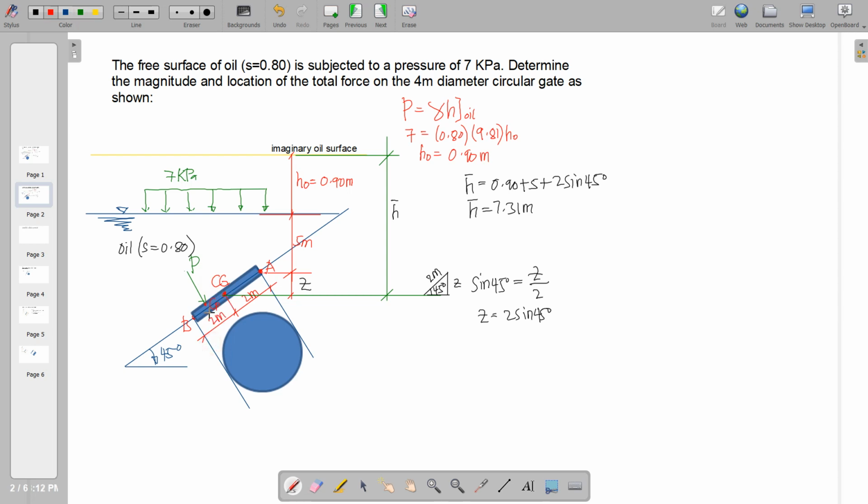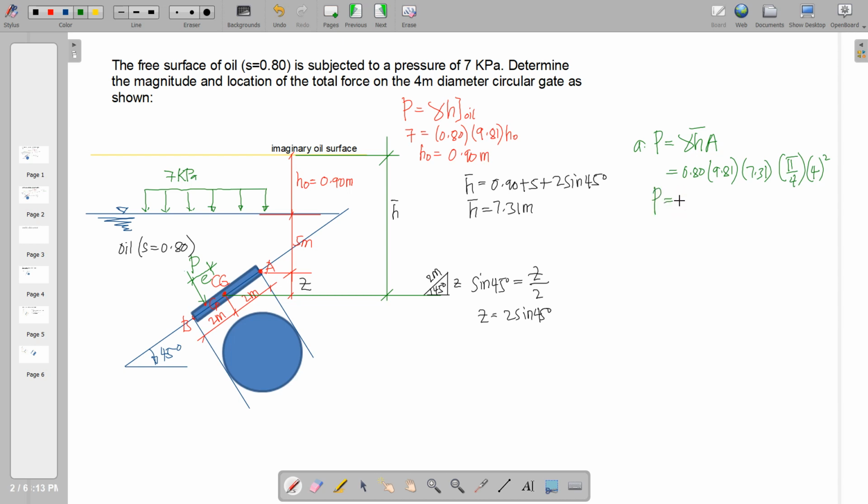And this is concentrated on the center of pressure just below the center of gravity by a distance E. So let us first solve the first unknown, say letter A, that P is equal to gamma H bar A. Gamma is 0.8 times 9.81 for oil, the 7.31 meter H bar, and the area of the circle pi over 4 times 4 raised to 2.